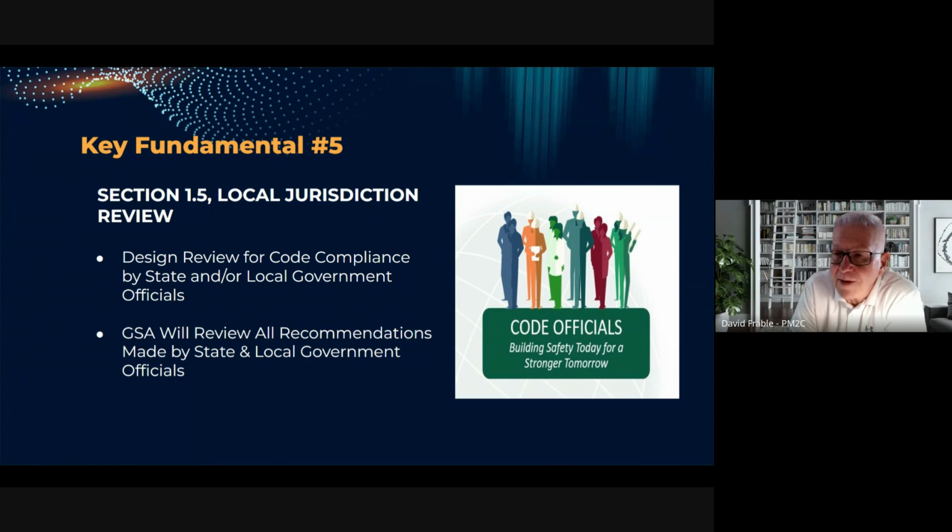The fifth topic I would like to discuss concerns providing the local jurisdiction the opportunity to review our projects. Please remember that the regional project management team must provide the appropriate state and/or local government officials the opportunity to review the design of a project for building code compliance.